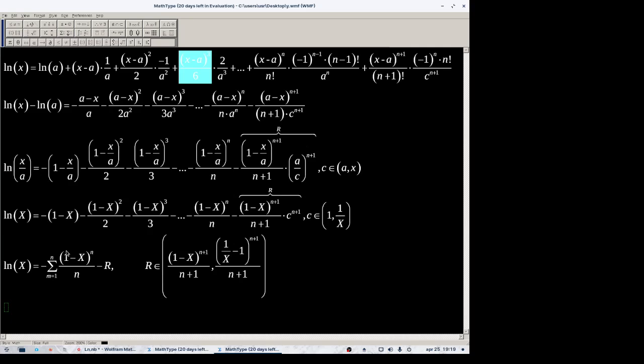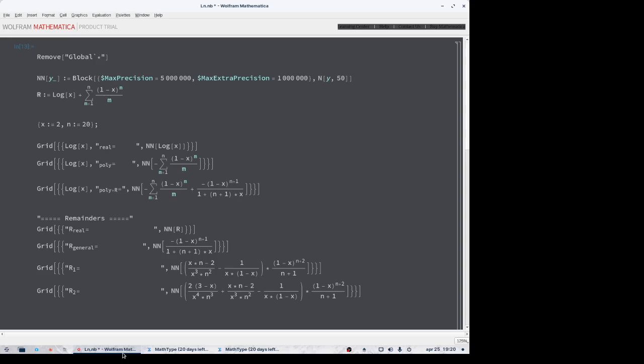So usually this Taylor formula is useful if this power term is between minus 1 and 1. Let's see the software.